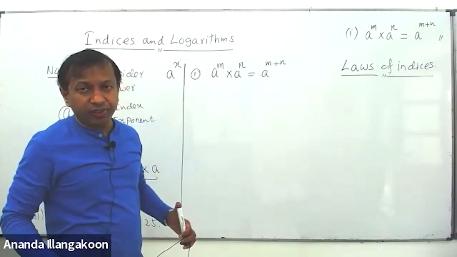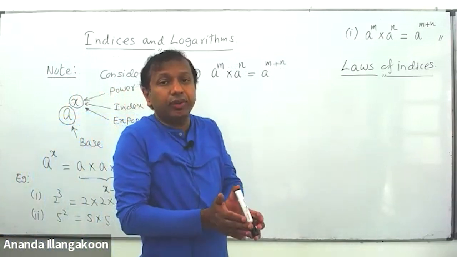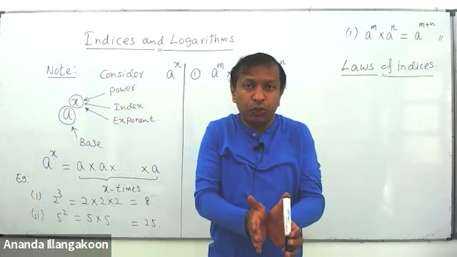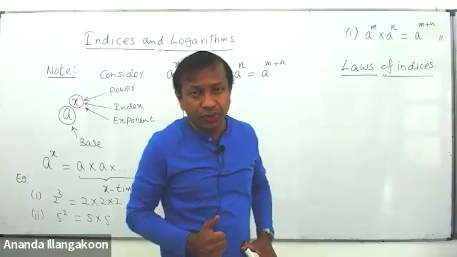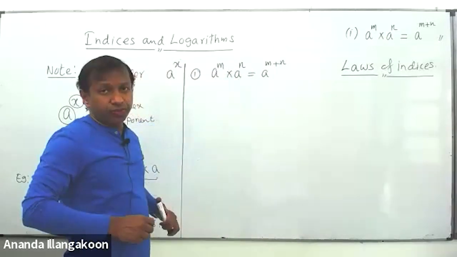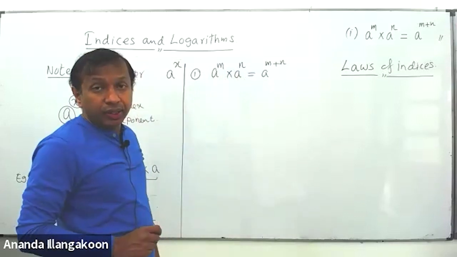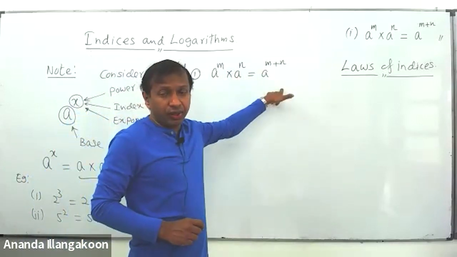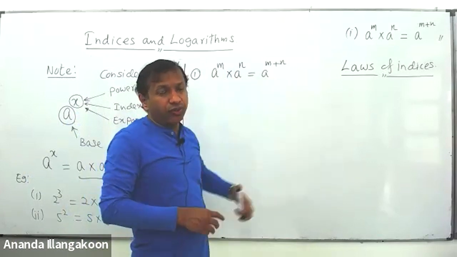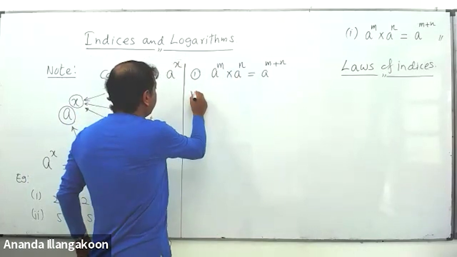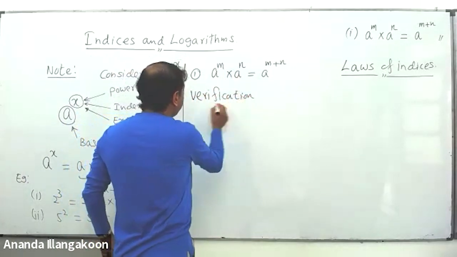Verification means we consider a certain situation, and by that situation we show this is correct. So I am going to verify that the left hand side is equal to the right hand side, a to the power m into a to the power n is equal to a to the power m plus n.